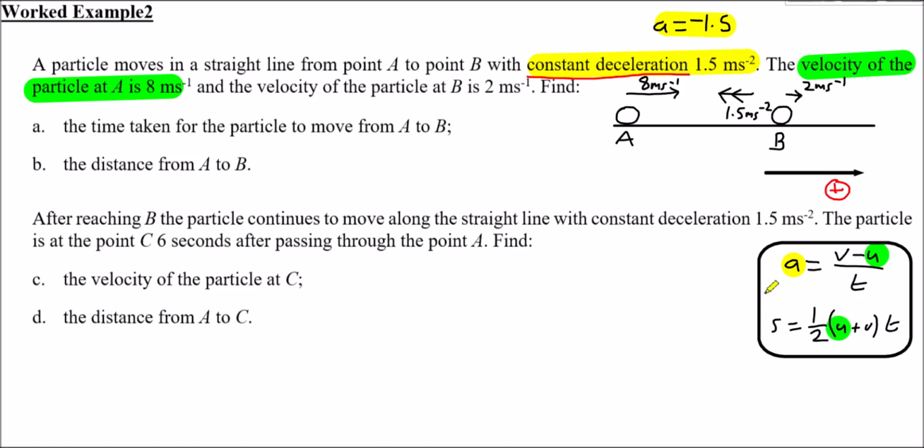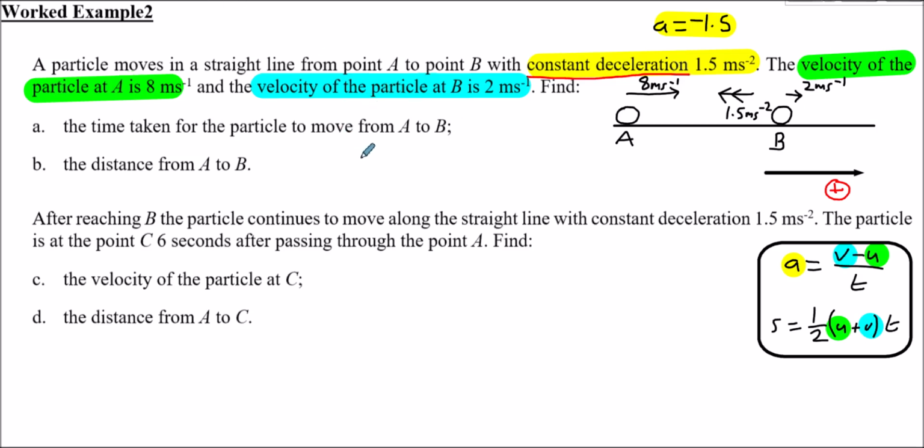And the velocity at B is 2, so the final velocity v at B is 2. Now we want to find the time, and based on what we've coloured in, which formula has more information added into it? This one's got 3 colours, the bottom one only has 2, so we're going to use the top formula, which we can then rearrange.